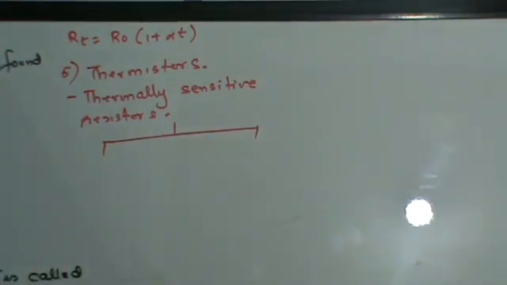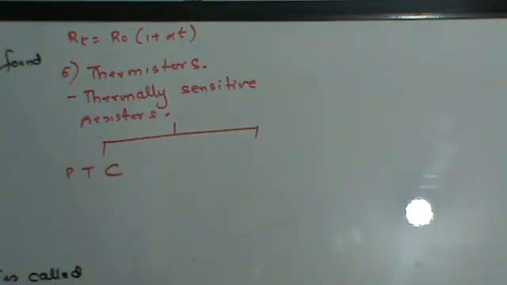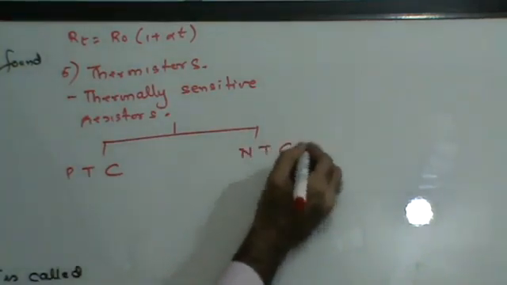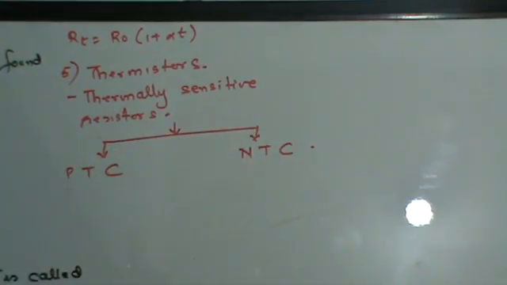Thermistors are classified into two types: positive temperature coefficient thermistors, also referred to as PTCs, and negative temperature coefficient thermistors, referred to as NTCs. What are positive temperature coefficient thermistors?